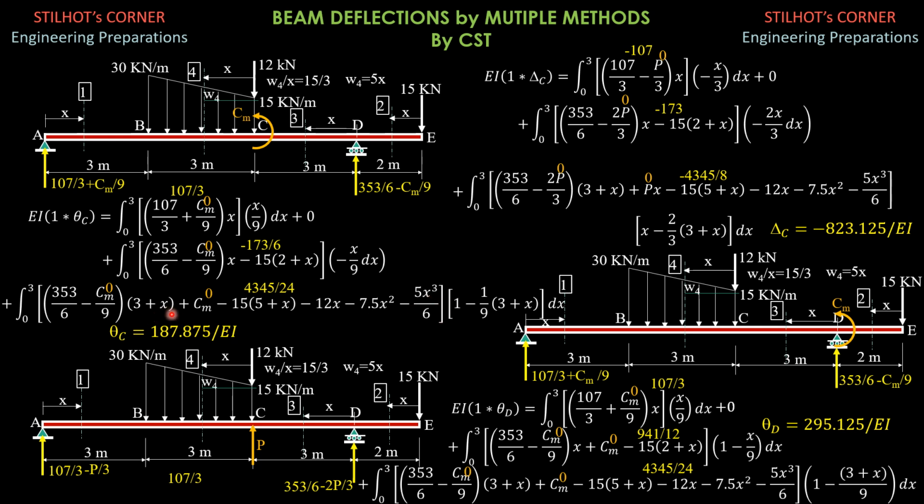The derivative of this moment equation with respect to C sub m is 1 minus 3 plus x over 9. And setting C sub m 0 prior to integration, the value of the integral is 4345 over 24. So adding 4345 over 24 minus 173 over 6 plus 107 over 3, we'll get theta C 187.875 over EI.